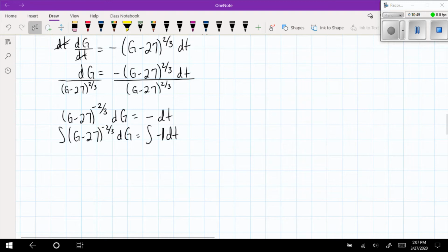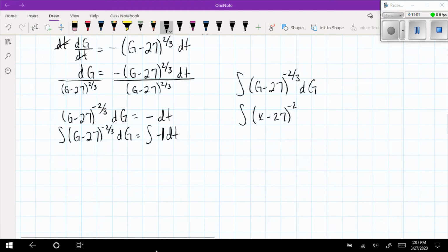Let's just roll to the side here for a minute and talk about the integral of g minus 27 to the negative 2/3 dg. Now this g thing drives me crazy, so just for the sake of arguing this right now, I'm just going to replace my g with an x, so I'm more comfortable.